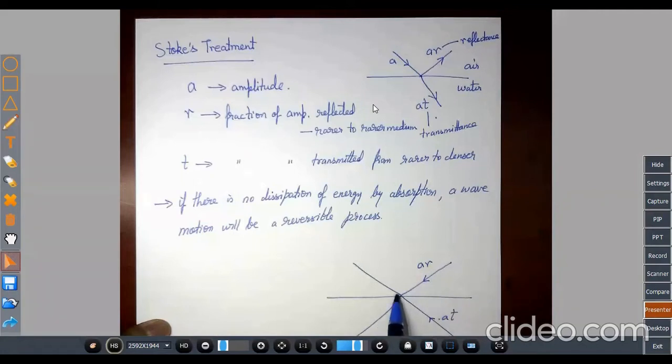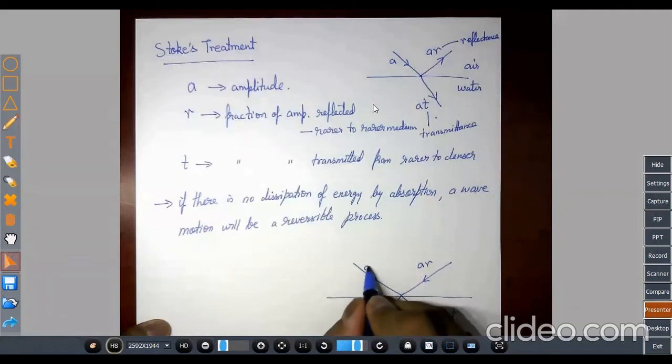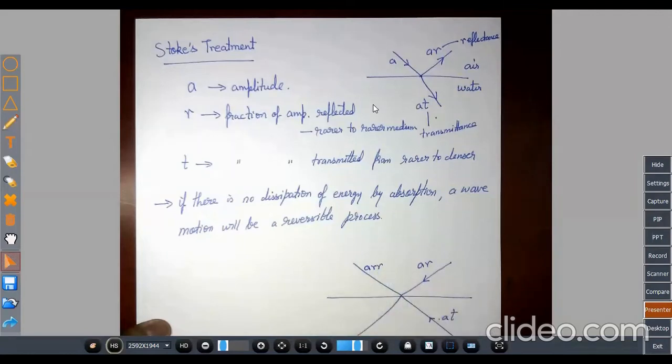So after reflection, its amplitude will be multiplied by r, and this light will be reflected and part will be transmitted. The transmitted will have an amplitude multiplied by small t.